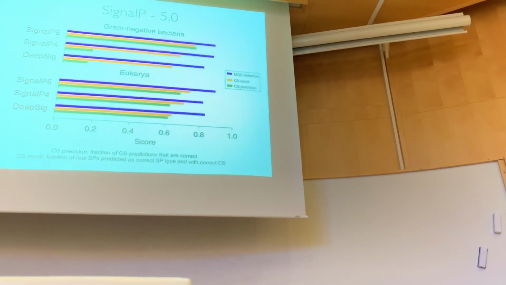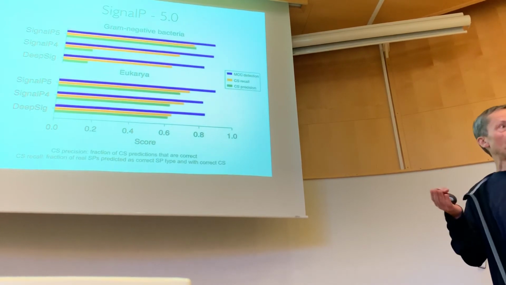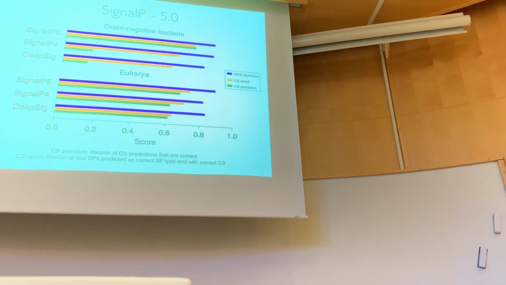And then there are recall and precision scores for cleavage site prediction. The precision score is the fraction of cleavage site predictions that are correct. So you predict 100 cleavage sites. How many are correct? That's the CS precision. And the recall is the fraction of real signal peptides that are predicted as signal peptides and with the correct cleavage site.